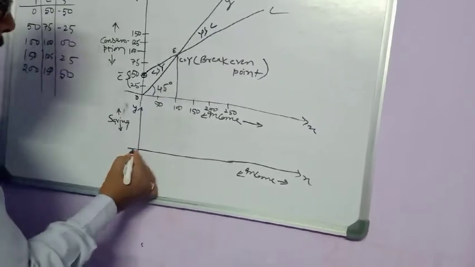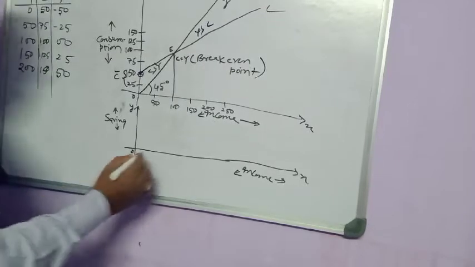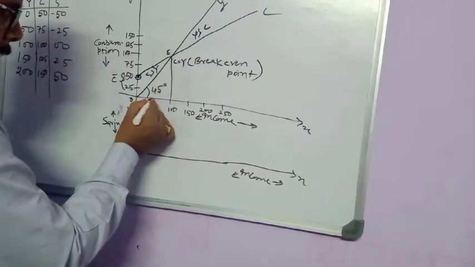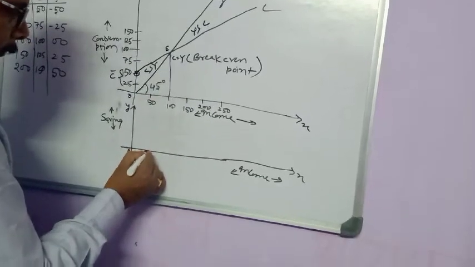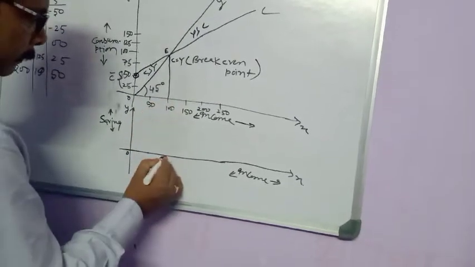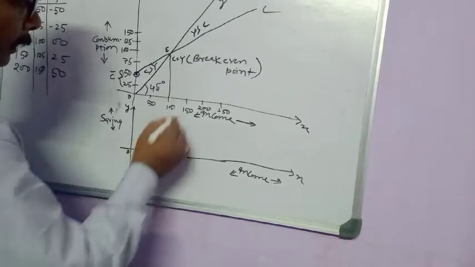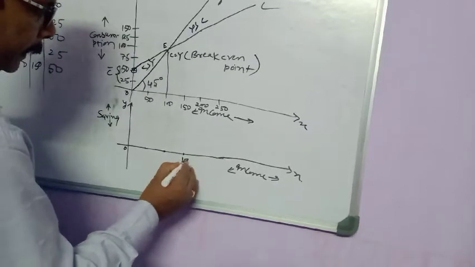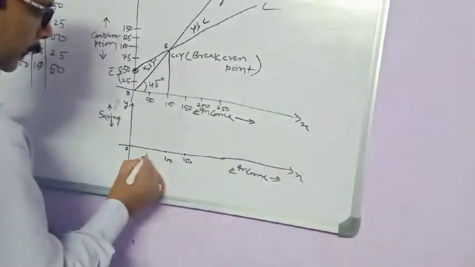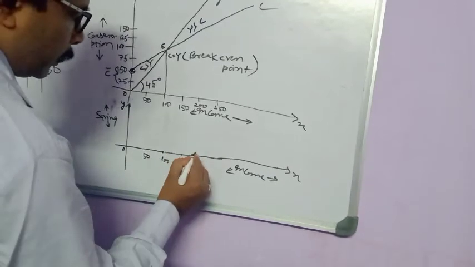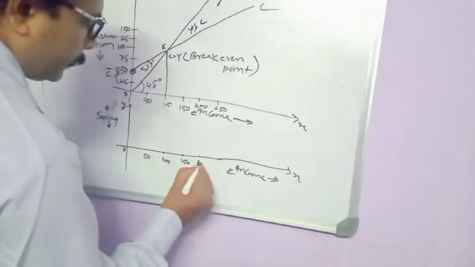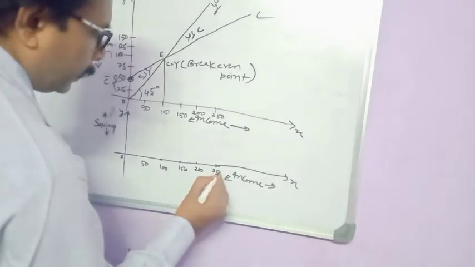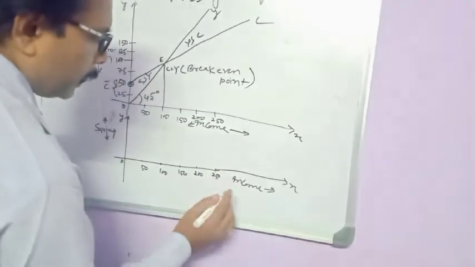This is 0, and in front of it the income is 50, again take 50. Next the income is 100, then 150, 200, and 250, and so on. Is it clear?